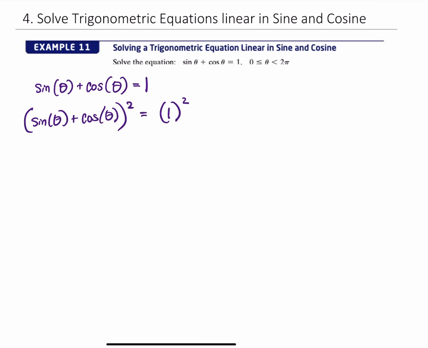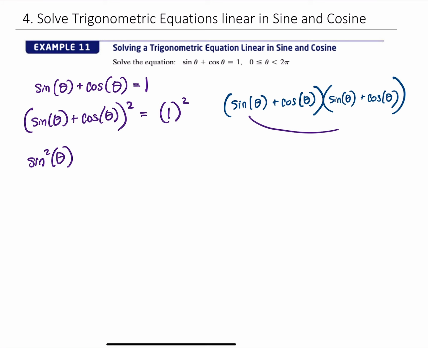So what will we get when we square the left side if we FOIL that out? We're doing essentially sine of theta plus cosine of theta squared. Like we have this times itself. Might be better to write this out. So multiplying our two first terms, sine times sine, will give us sine squared.